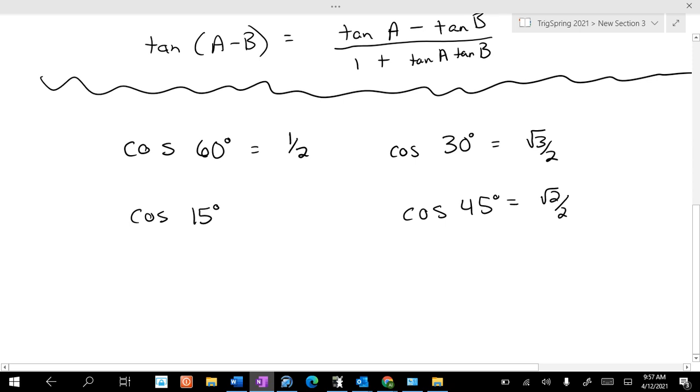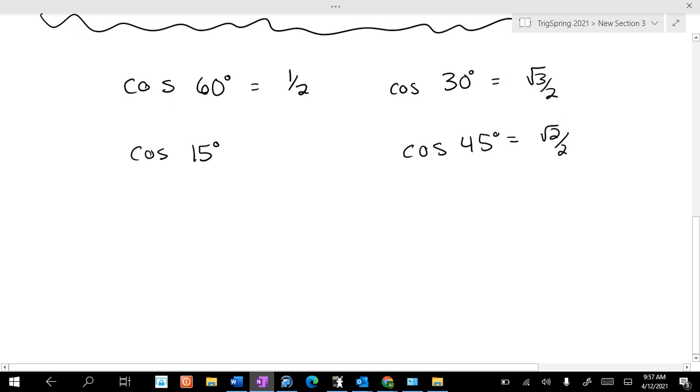Square root of 2 over 2. Any combinations of these make 15? Any combinations of the ones that we know the answers for? Cosine of 15 equals the cosine of 45 minus 30.